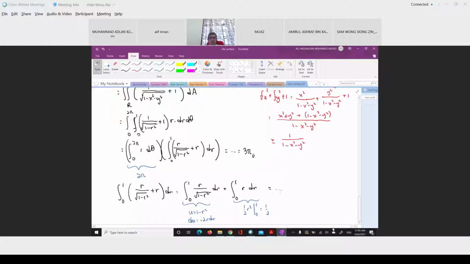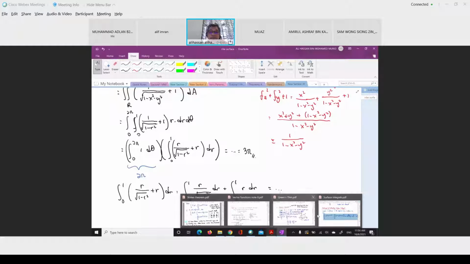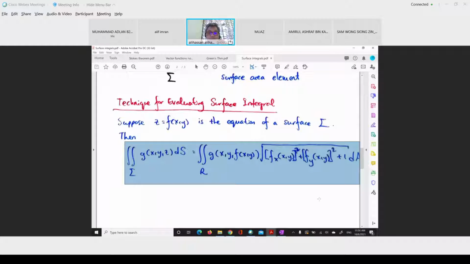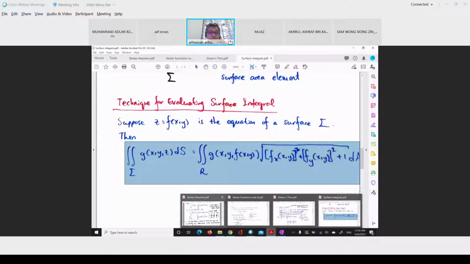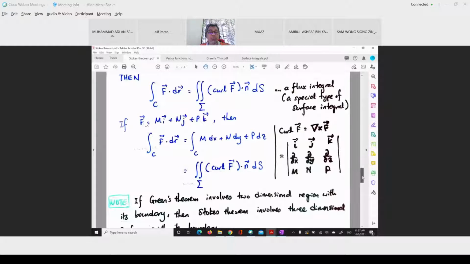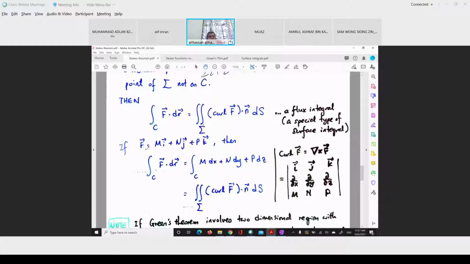Let's go back to Stokes theorem once more. This is Stokes theorem. So you see, the integral on the right here is a surface integral. It is a double integral over the surface sigma, and it is dS.